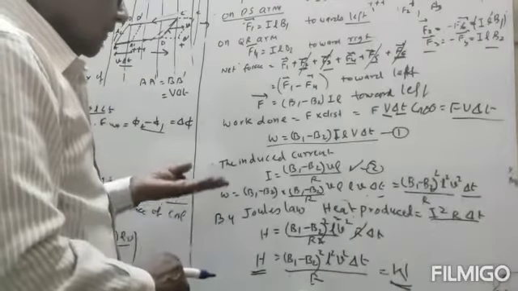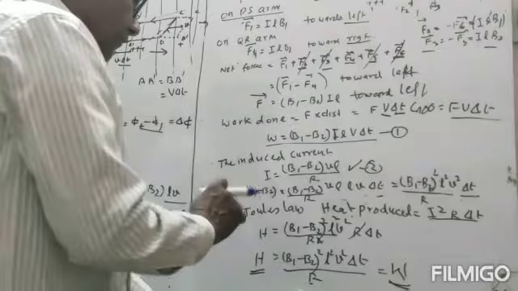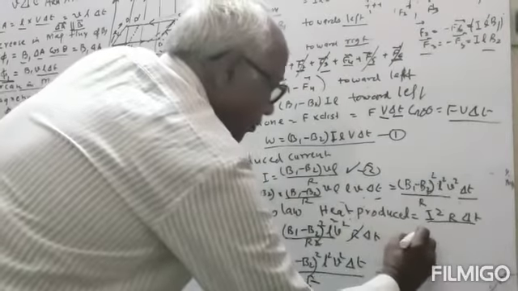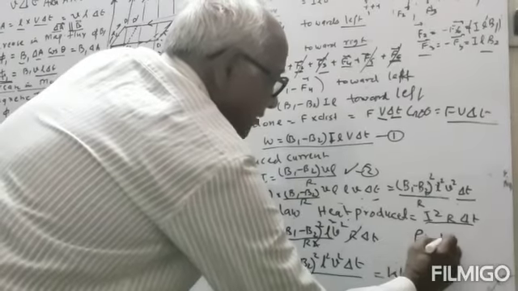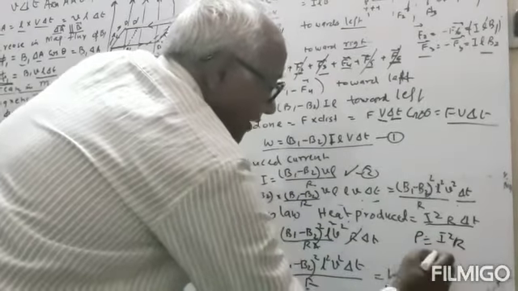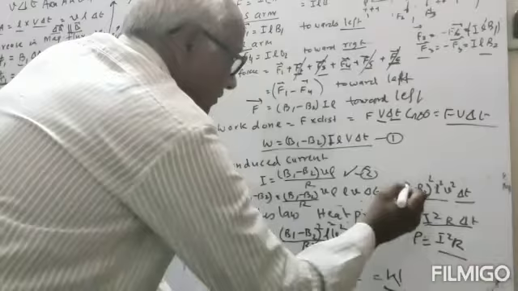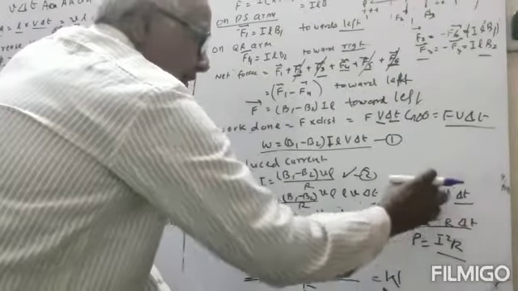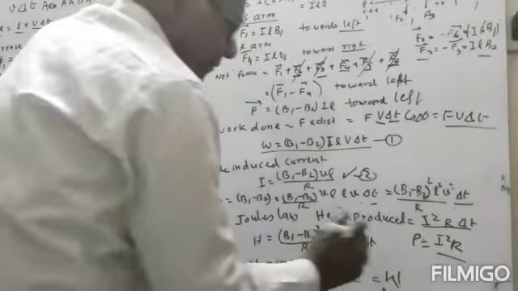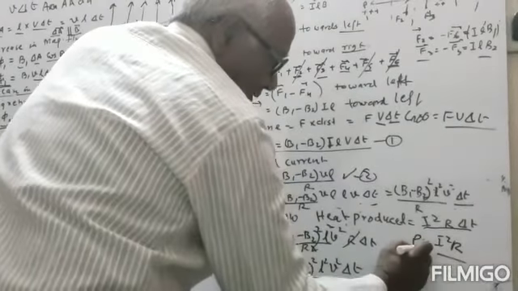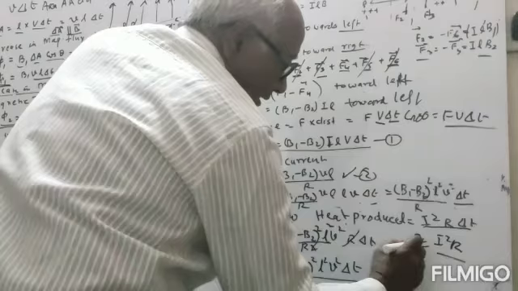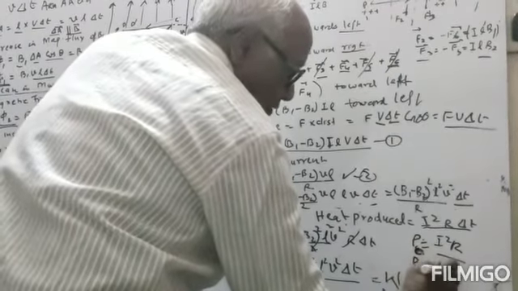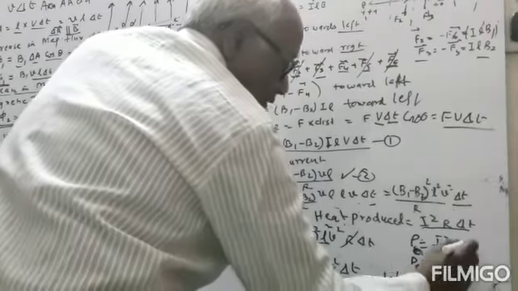We can also consider the power. What will be the power? Power is equal to work divided by time, so power will be equal to I squared R, where R will be cancelled and delta t will not be there. So the mechanical power, which is delta W divided by delta t, will be equal to the electrical power. Both will be equal.